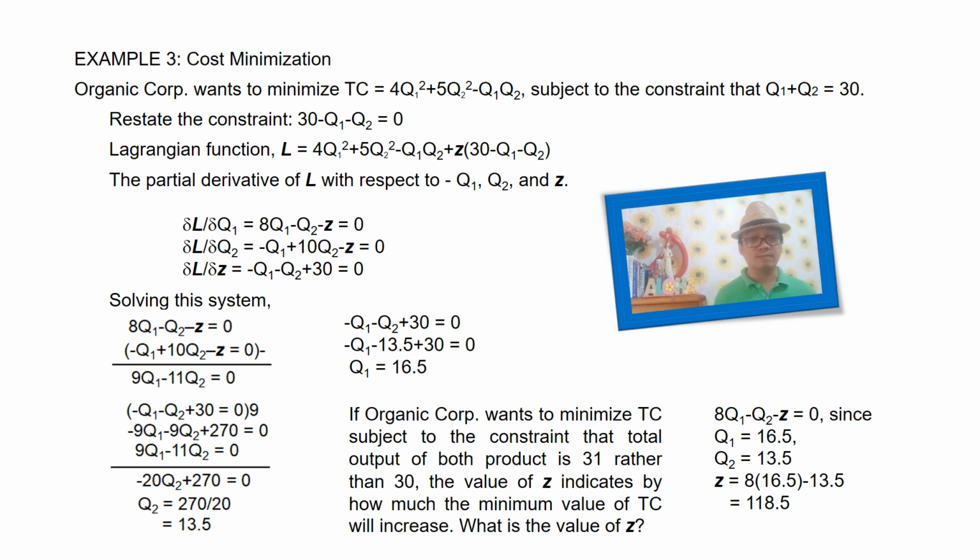On the basis of the above calculations, Organic Corporation would be foolish to accept this offer, since this extra product would raise its cost by 118.5 pesos, which is 3.5 pesos more than the amount the client offers to pay for it. In general, a Lagrangian multiplier Z indicates the marginal effect on the objective function of decreasing or increasing the constraint requirement by 1 unit.